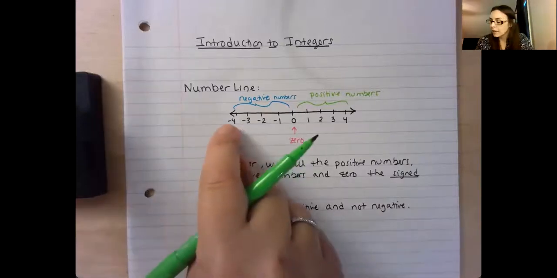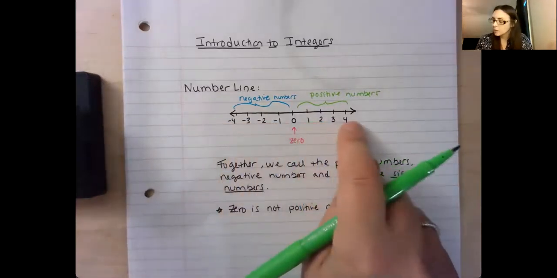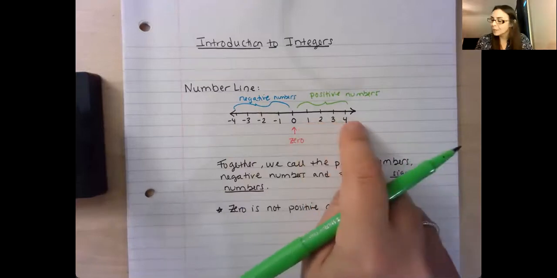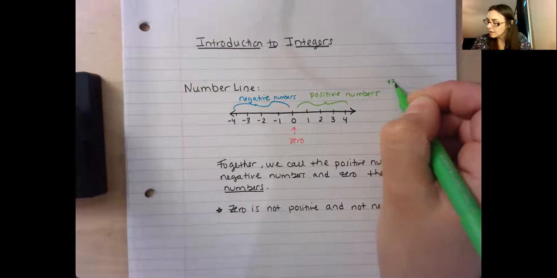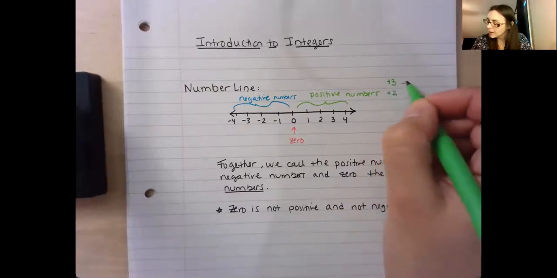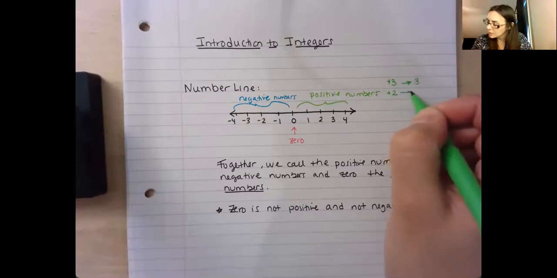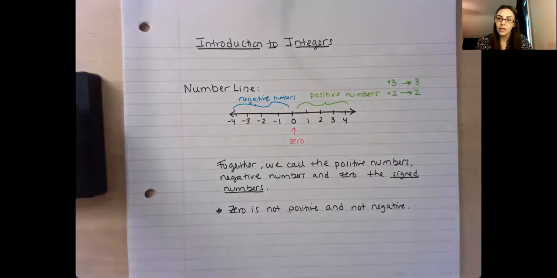So you will notice with your negative numbers, you do have a sign in front. You have that negative sign. For your positive numbers, we don't typically put anything in. You technically could. So sometimes you'll see things written like +3 for +3, or maybe +2 for +2. But like I noted, again, we don't typically write the sign in, so you'll just see it as 3 or 2. And if there's no sign, you should note that it is a positive number in that case.